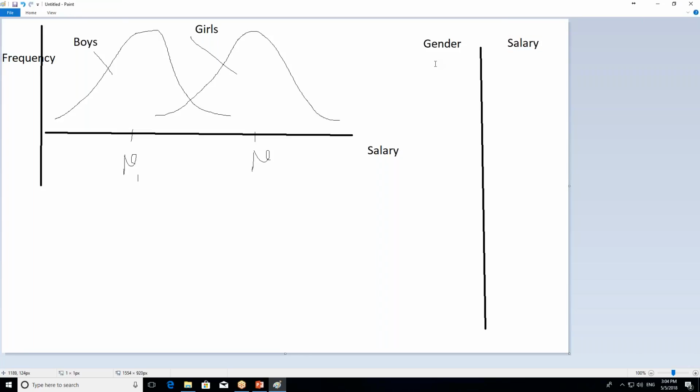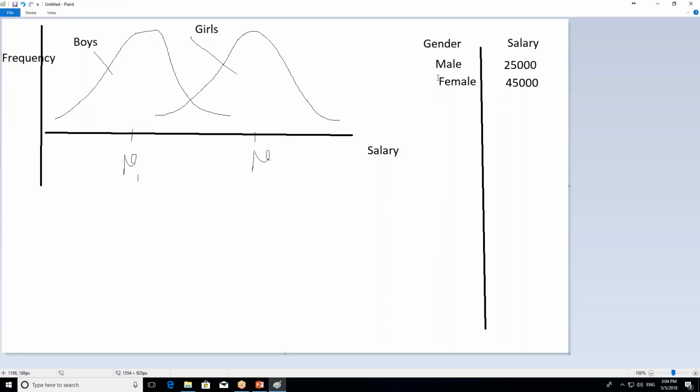So my data will be here: boy, so I can say male, the salary will be 25,000, something like that. Female, and so on, dot dot dot.